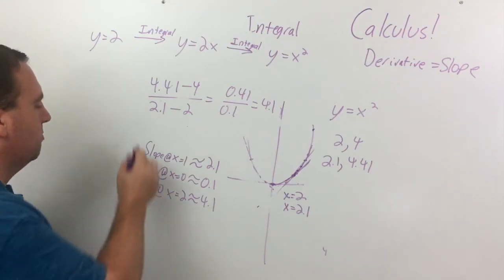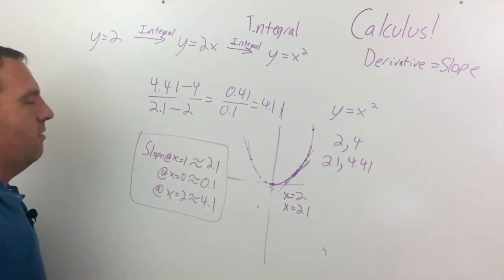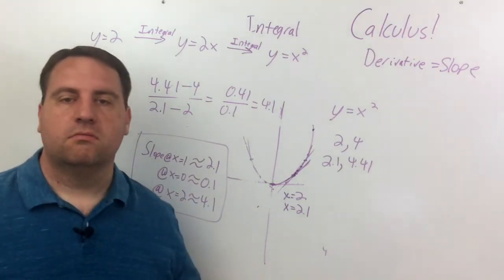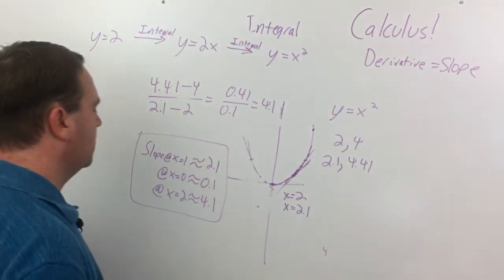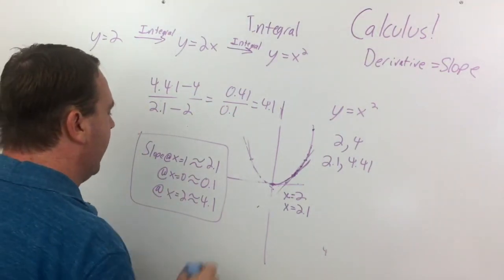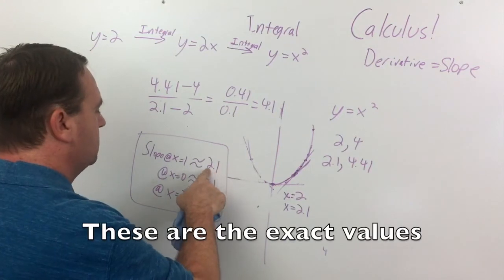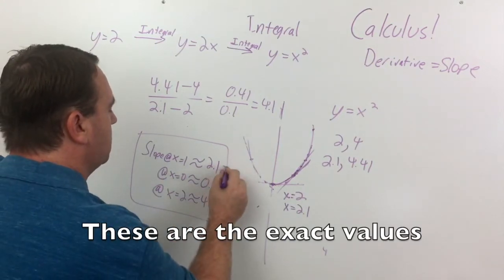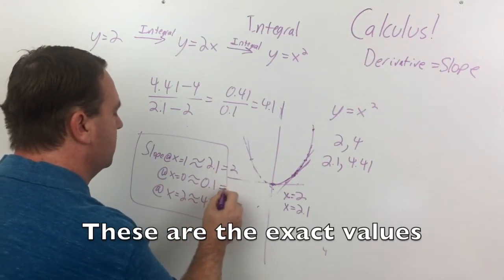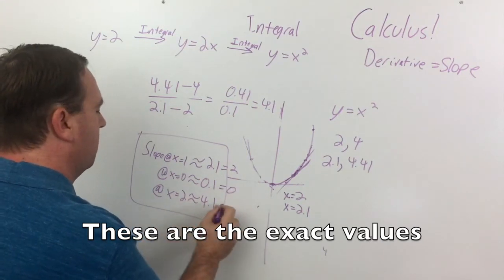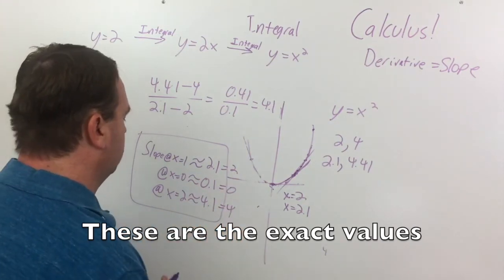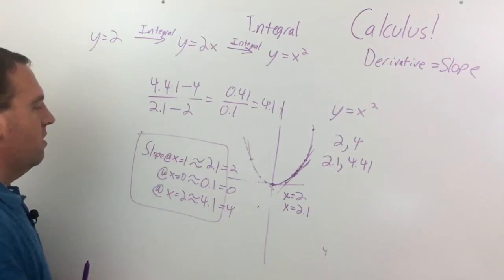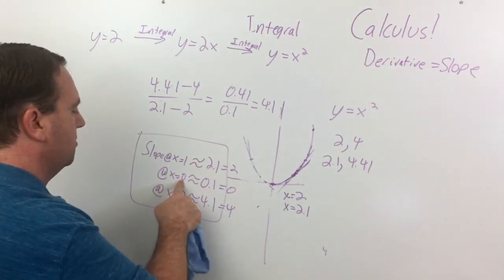So we have all these approximations. I will give you a secret that you will learn later on in the course, and that is the slope of these is actually, it's not 2.1, it's actually 2. It's not 0.1, it's actually 0. And it's not 4.1, it's actually 4. Okay? So if you notice, if I double 0, I get 0.